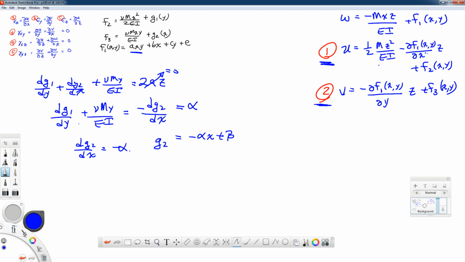And if we rearrange this and solve for g1, then the best that g1 can be would be equal to minus nu my squared over ei plus an alpha y plus another constant of integration, gamma.